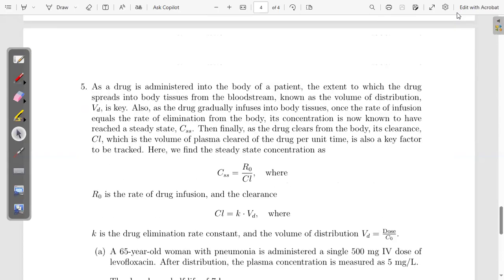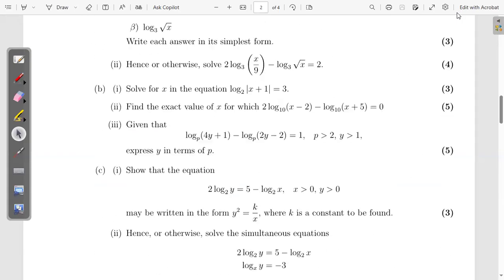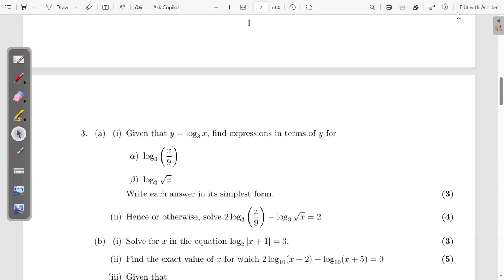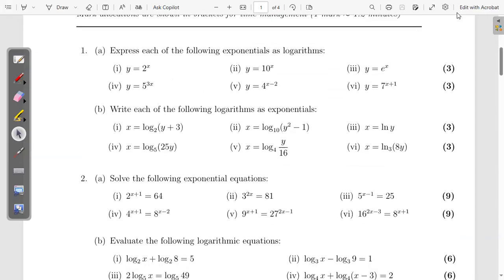Okay, so questions 1, 2, 3 are just about the algebra part, the solving part. And then questions 4 and 5 are about how you can apply the logarithms and the exponentials to the medical field.